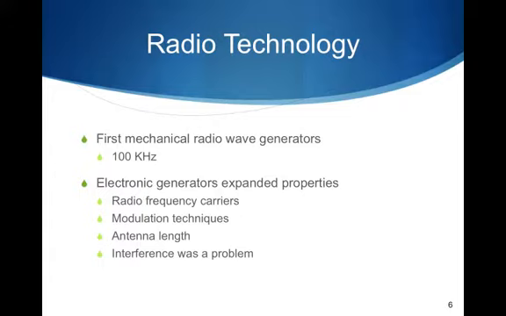Amplitude modulation changes the wave's height, and frequency modulation changes the wave's speed, and we'll look at two of those in a second. The length of the antenna is a function of the length of the wave. The lower the frequency, the longer the radio wave.